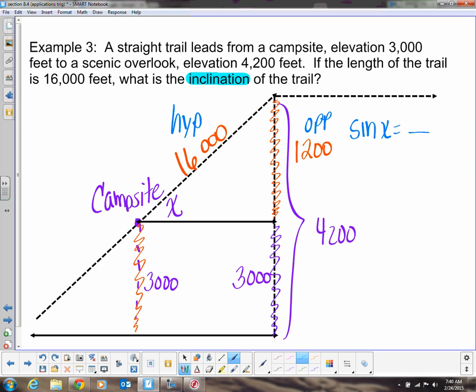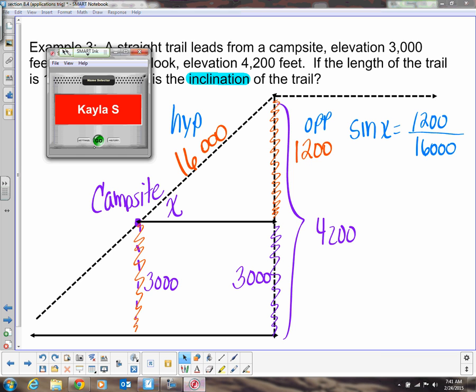How do you set up this side? Look at your notes and tell me whether it's hypotenuse over opposite or opposite over hypotenuse. 1200 over 16,000.